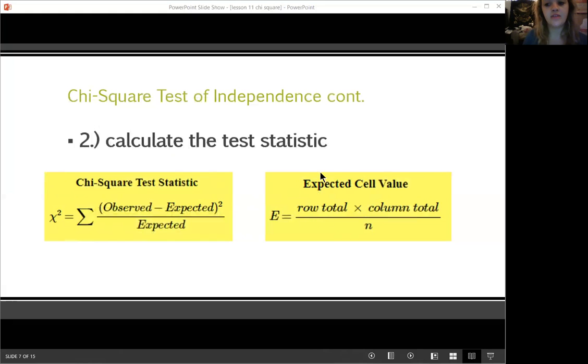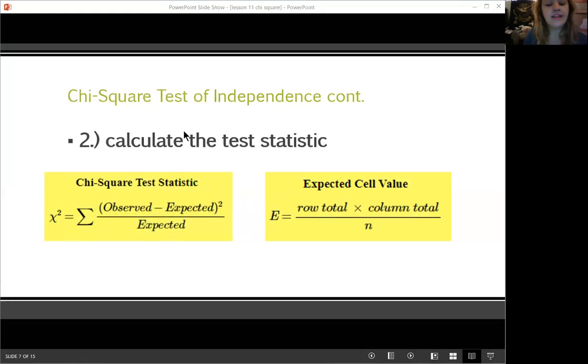So this one's a little bit different because we're talking about a cell within our rows and columns of the different values we got. So instead of taking observed minus expected, we are going to use the totals of our rows and columns and then the total sample size. So that's a little bit different here, but this is basically just showing you how to find that expected value if you're not already given it.